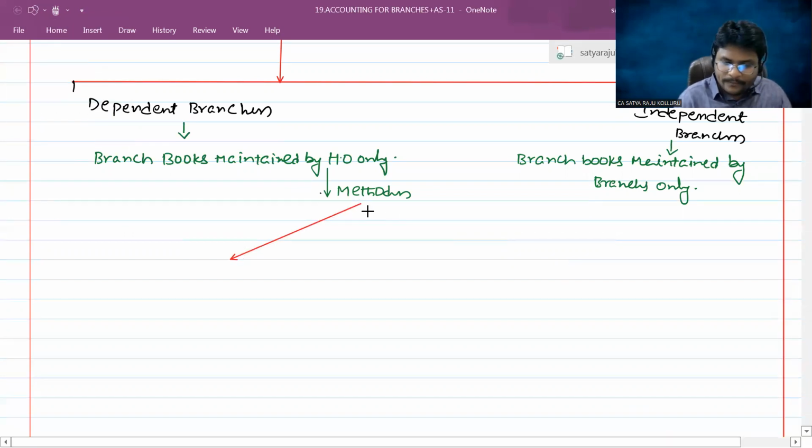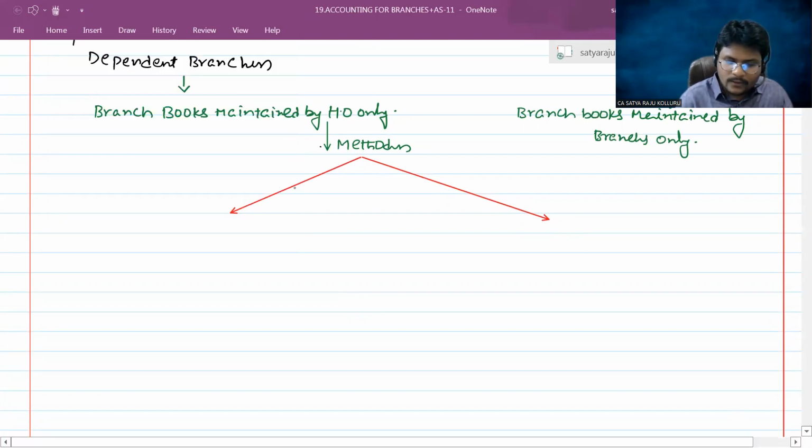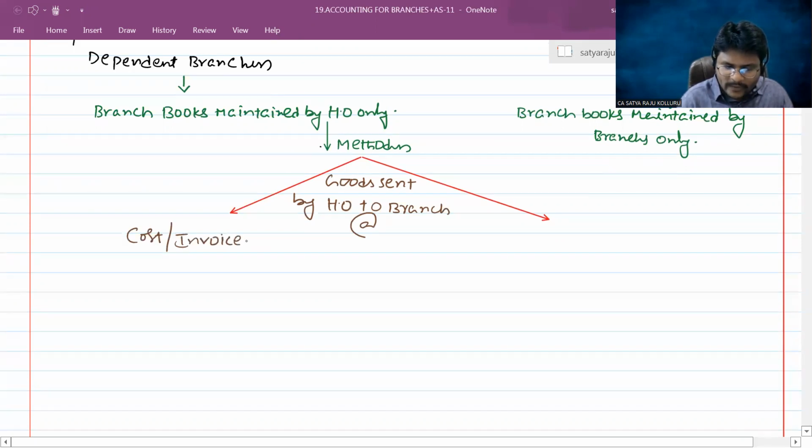So if goods are sent by head office to branch at cost price or invoice price, invoice price means cost plus adding certain profit, then three methods are applicable.